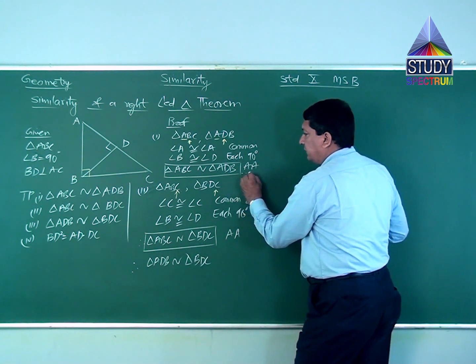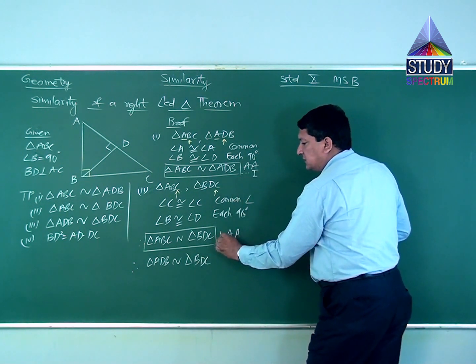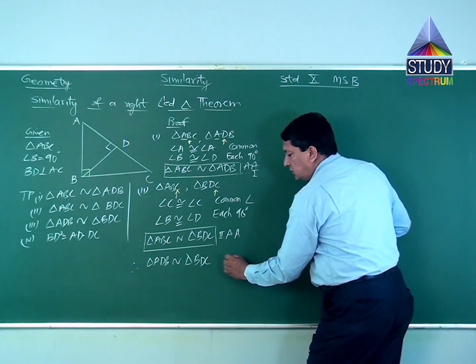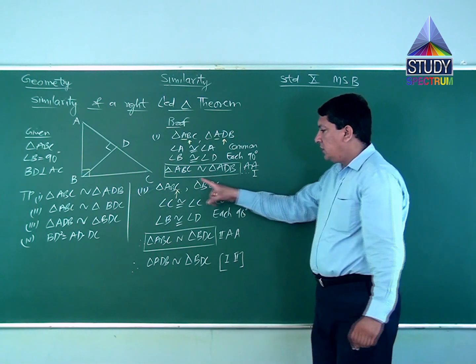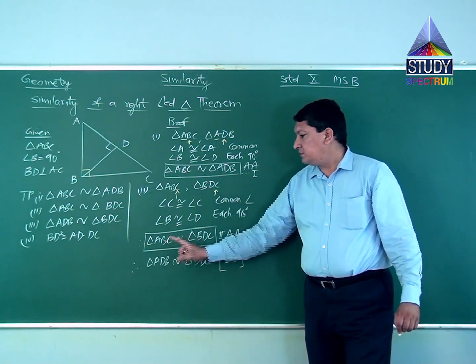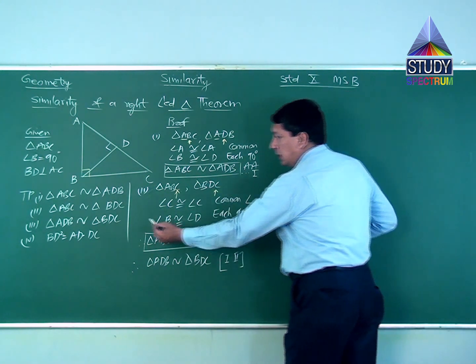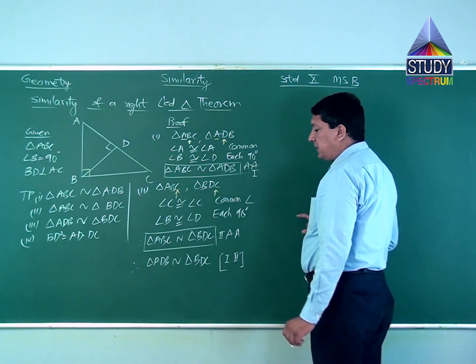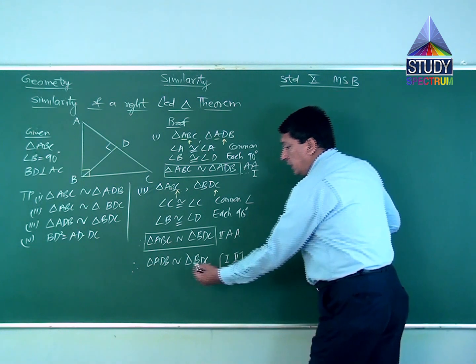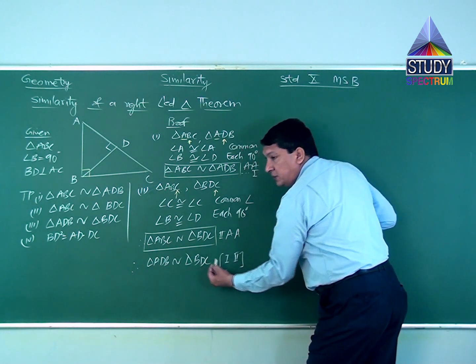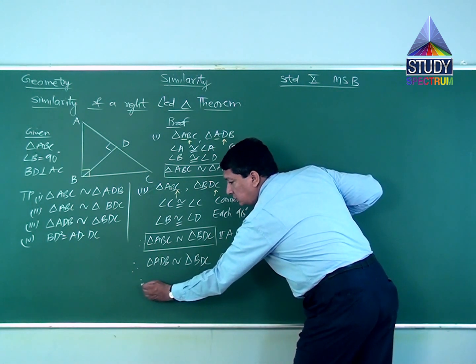If you name this as first equation, this as second equation, we can say we got this from first and second, because in both there is triangle ABC. We got the third answer also, that is triangle ADB similar triangle BDC. Now once these two triangles are similar, corresponding sides are in proportion.